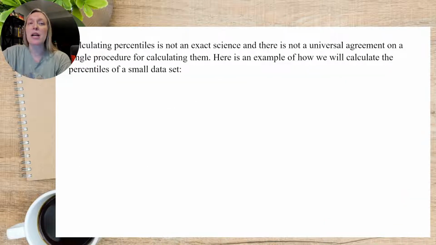Now, calculating percentiles is not an exact science, and there's actually not a universal agreement on a single procedure for calculating them. You'll see different opinions online about it. Even different statistics textbooks do different things. For our course, for AP Stat, here's how they define calculating percentiles, and this is what you need to follow for a small data set.